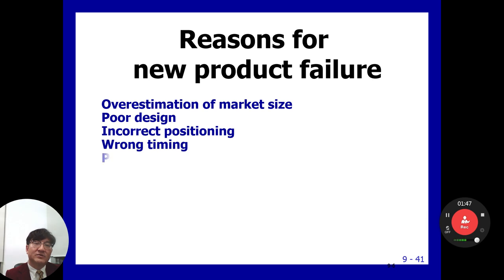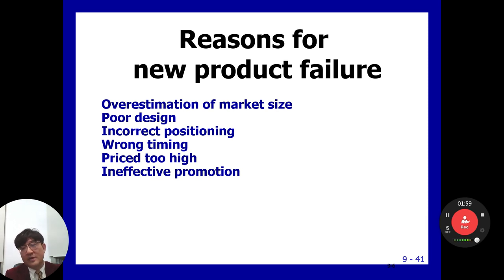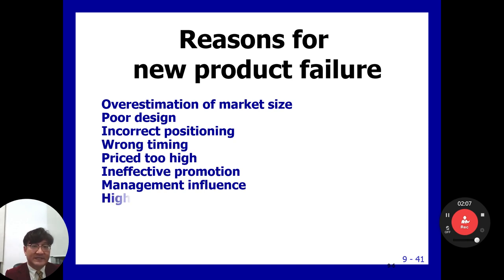Wrong timing: we enter the market too early or too late. Or the price is too high. Also you can fail in the market because you do not have effective promotion, or because of management influence, high development cost, or competition. There are a lot of reasons for new product failures.